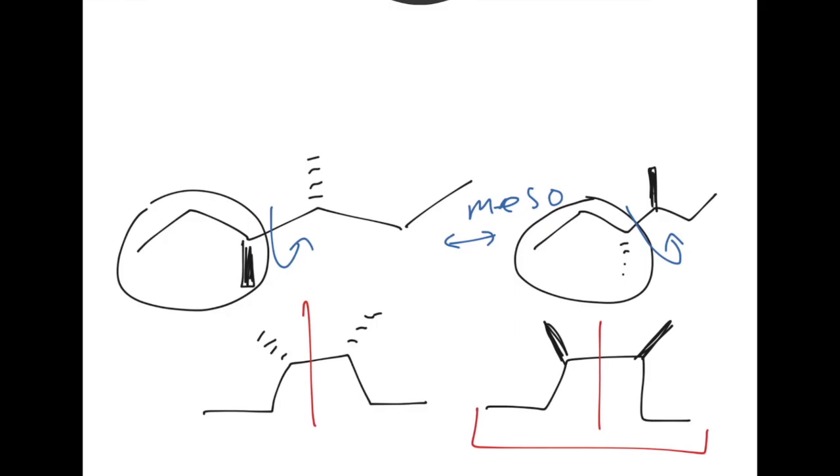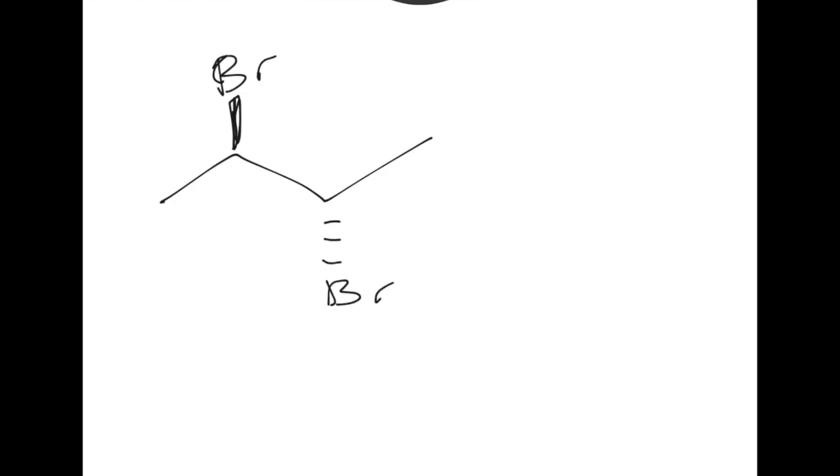So you need to, particularly when it is drawn in such a way that groups don't line up, right? So, going back to this example, it's hard to look at this and determine if you have a plane of symmetry because your carbons are on opposite sides of that single bond, right?